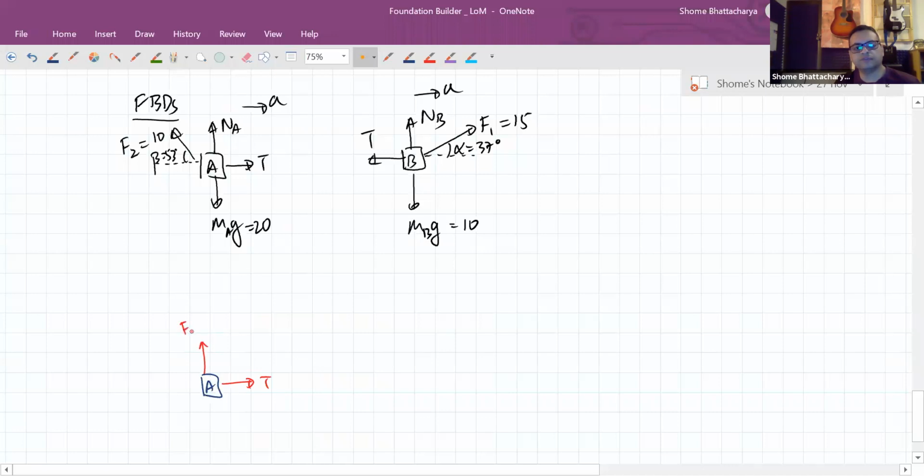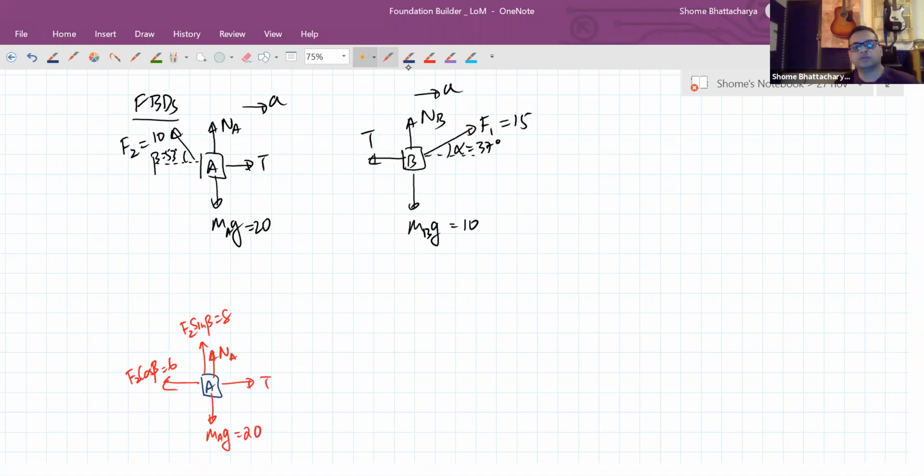F2 sine beta, which works out to be 10 into sine 53, so that will be 8 newtons, and normal reaction acting upwards. On this side there will be F2 cos beta, which will be 6 newtons, and there will be weight, which is 20 newtons, and the horizontal acceleration is A. So this is A's free body diagram after resolving the forces.